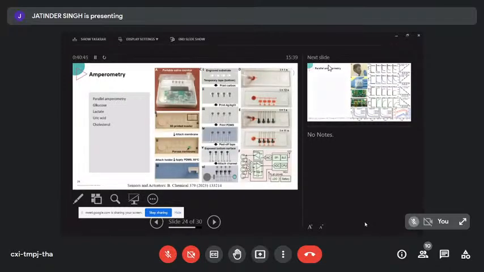Potentiometry with ion selective electrodes can be done with a single ion selective electrode, as we know from our pH meter in the lab.